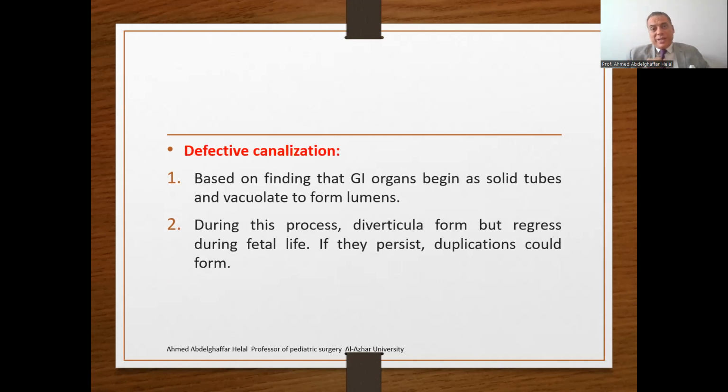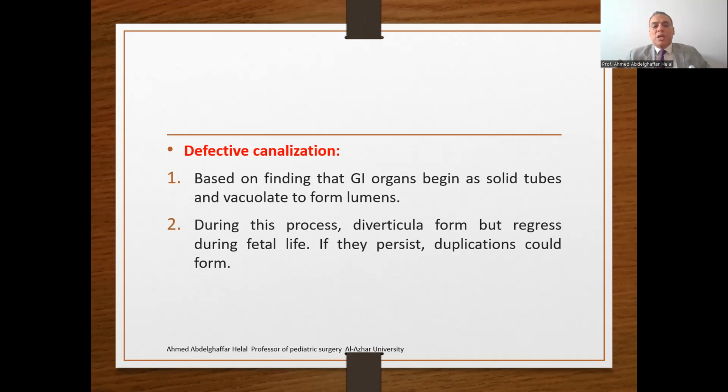Maybe defective canalization is the etiology, based on the finding that the gastrointestinal organs began as solid tubes and then vacuolate and form the lumen. During this process, diverticula form but regress during fetal life.